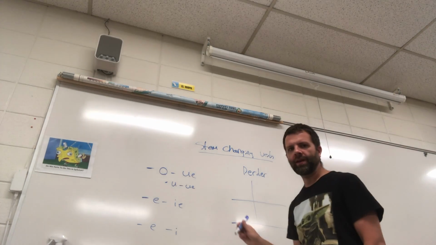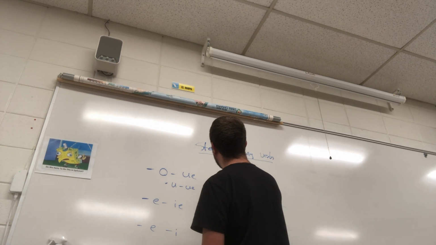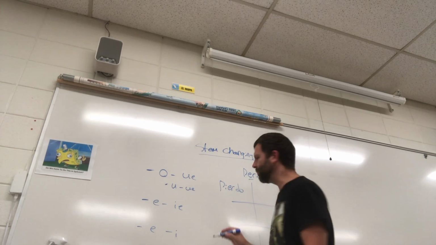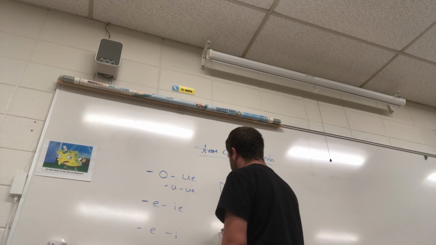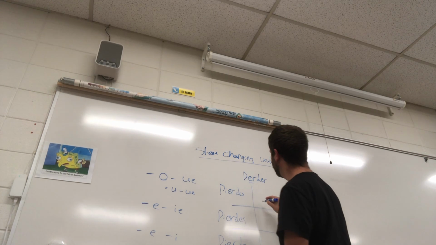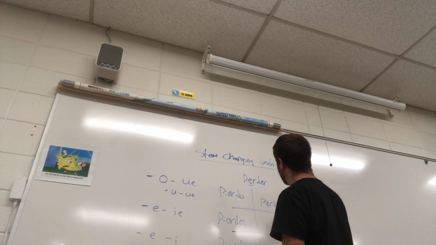When you conjugate perder in our 6 forms, that E changes to an IE. So we have, talking like Yoda, pierdo, I lose. Pierdes, you lose. Pierde, he or she loses. Perdemos, we lose.